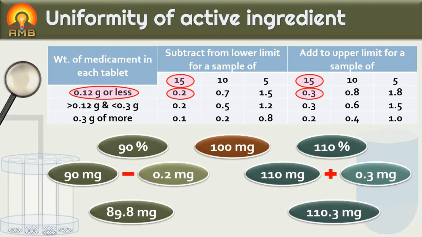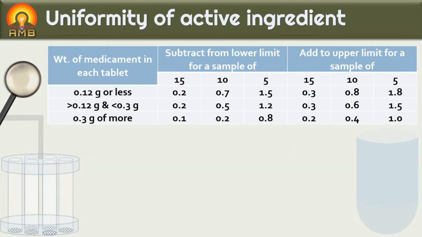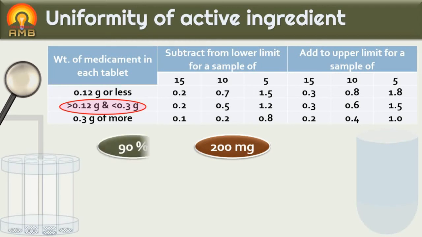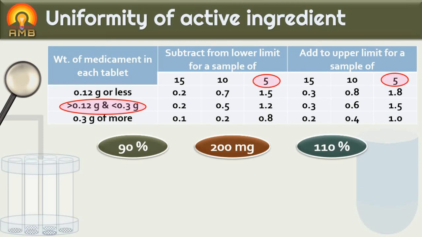Let's discuss another example. Suppose tablets under test contain 200 mg of drug and the limit specified in the monograph is 90 to 110%, and we have a smaller number of tablets and can take only 5 tablets for the test.